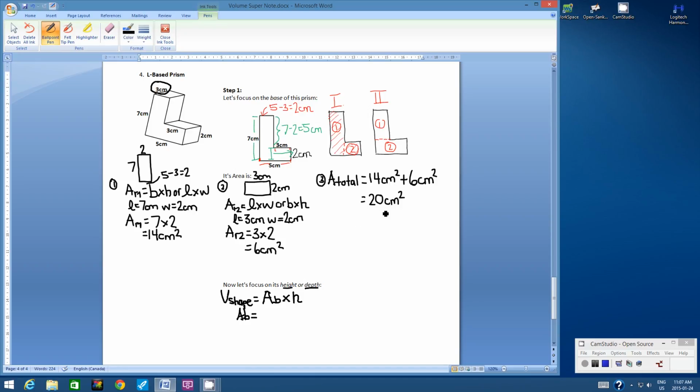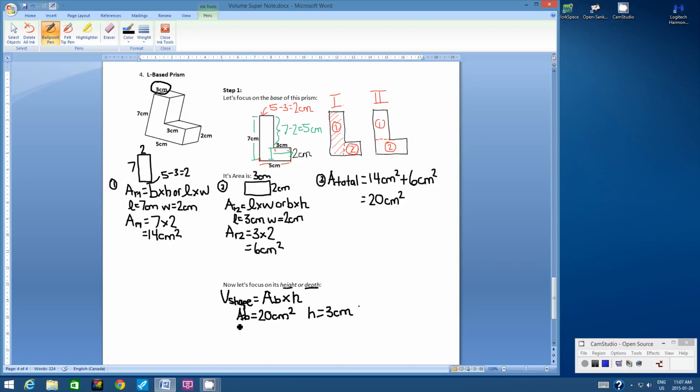The area of the base up here was 20 centimeters squared. And the height, I just pointed you to that in the diagram, is 3 centimeters. Okay, you can call that the height, or you can call it the depth, how far back that L shape goes.